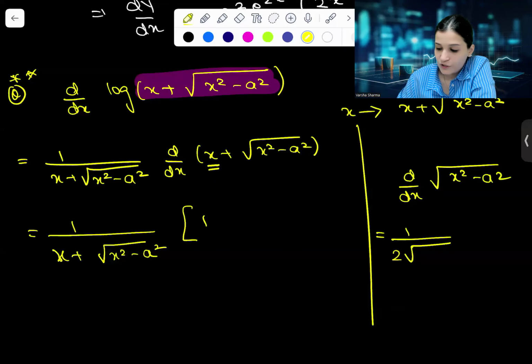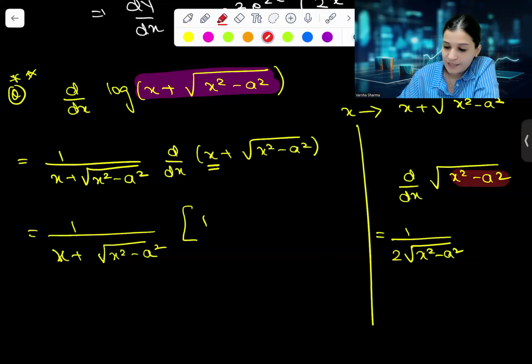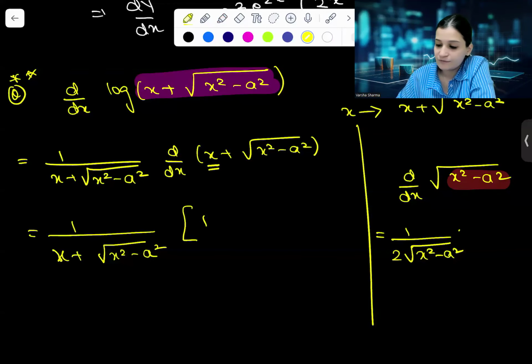Differentiation of root x is 1 by 2 root x, so it will be 1/2 root of x square minus a square, where x is replaced by x square minus a square, into its differentiation: differentiation of x square is 2x, minus a square. Brother, a square is a constant. If it were a power x, then your formula would apply. a square is a constant, so that is 0.